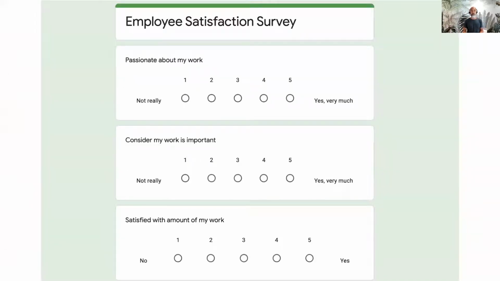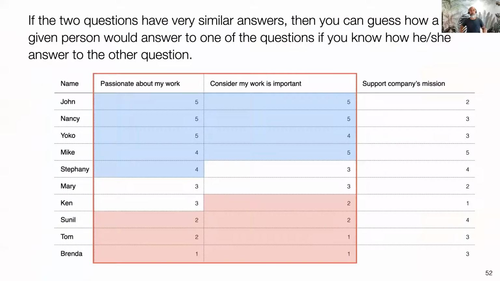When you ask these types of questions and present them in a wide format, some of the questions seem to have the same pattern. Meaning, if you score high on one question, you tend to score high on another question. So these two questions seem to be correlated or very related.